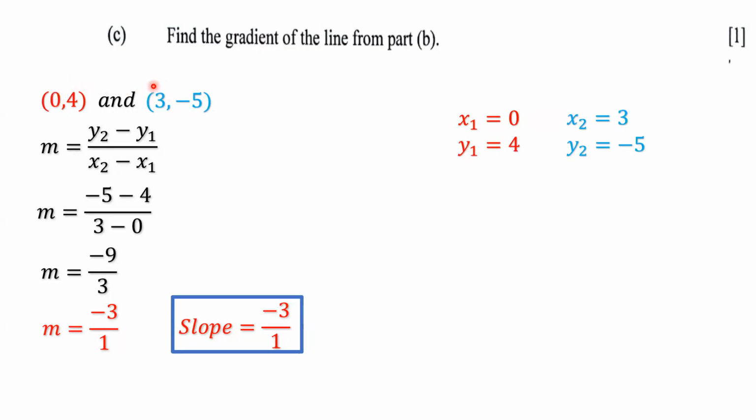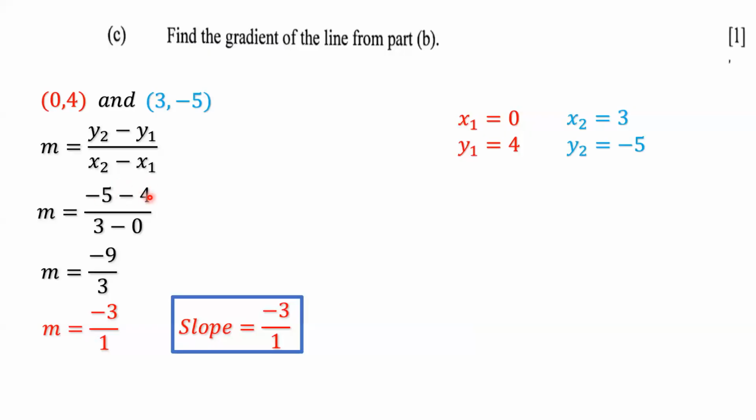The 0 is x1, the 4 is y1, the 3 is x2, and the -5 is y2. We plug that into our equation. The slope, or gradient, is given by y2 minus y1 all over x2 minus x1. So y2 is -5 and y1 is 4.